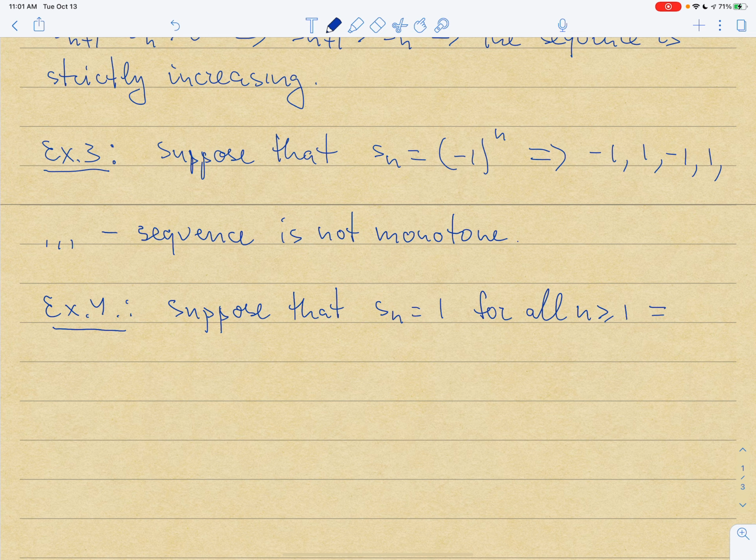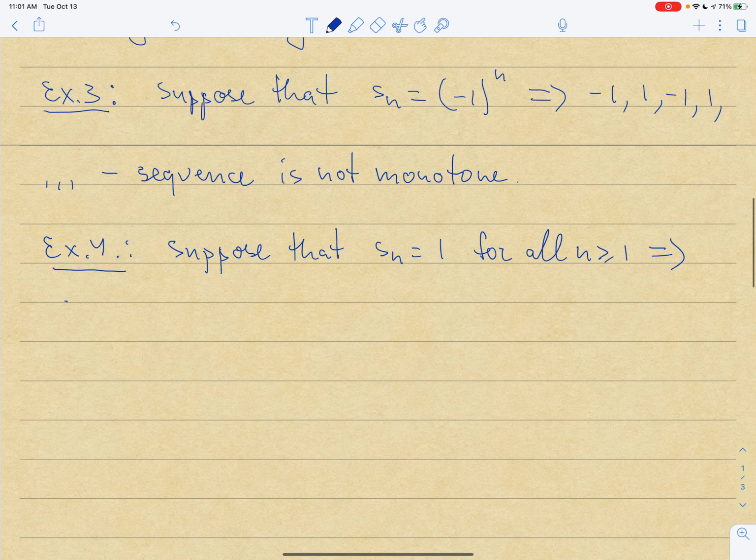Then, if I take Sn plus 1 minus Sn, this is always equal to 1 minus 1 equals 0 for all n greater or equal than 1.